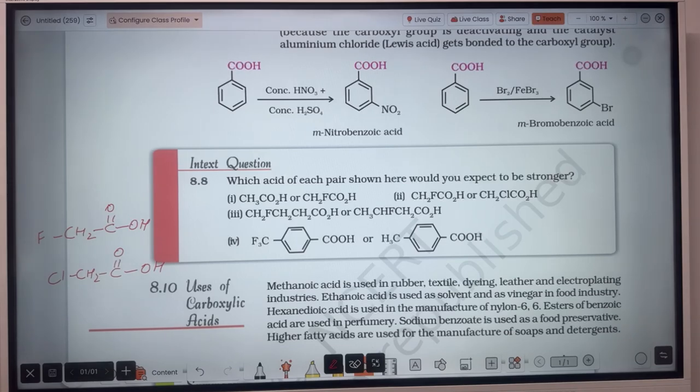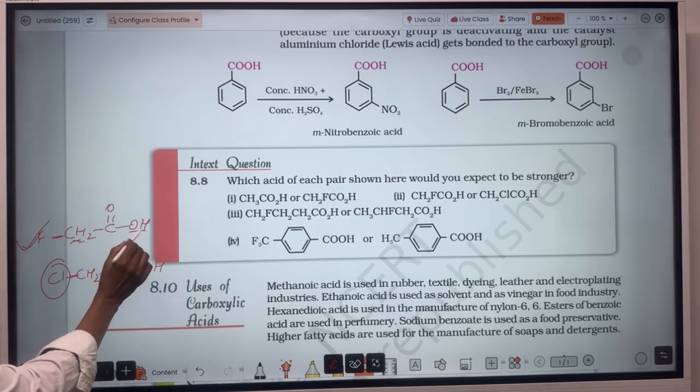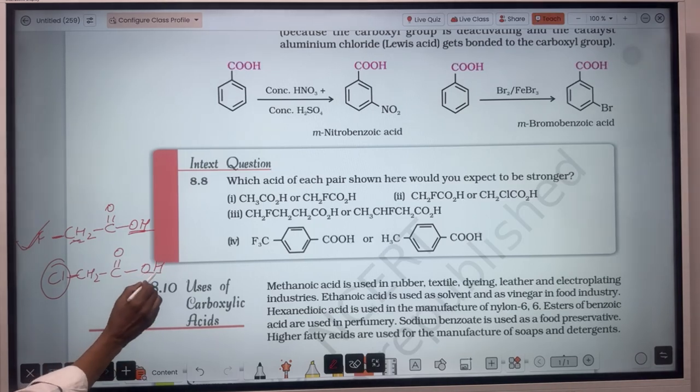This molecule. So let's compare here. To this methyl group, fluorine is attached, which is the most electronegative element, and here chlorine is bonded, which is not as electronegative as fluorine. So this fluorine will cause more stress on this OH bond compared to this OH bond.